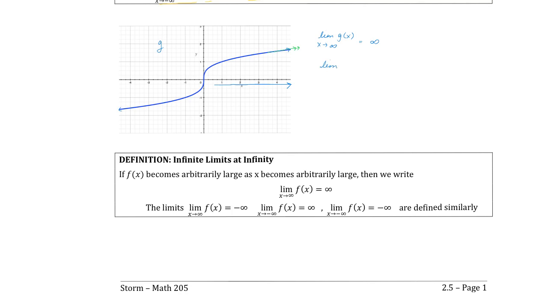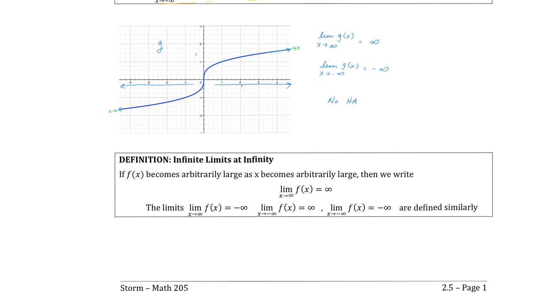And if we take the limit as x goes to negative infinity of our function g, it's going to be negative infinity. So again, as the x values get smaller and smaller and smaller, moving towards negative infinity, our graph keeps getting smaller and smaller as well, also approaching negative infinity.